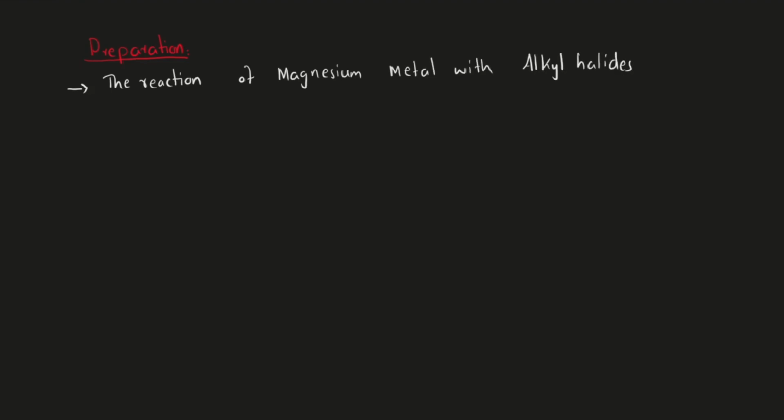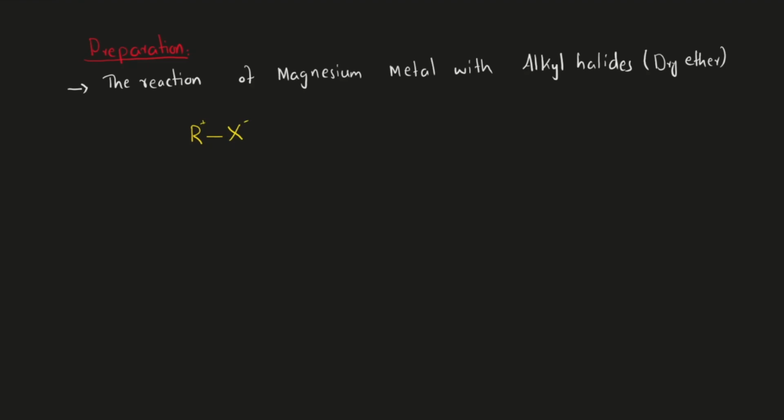Let's see the preparation of Grignard reagent. In the first step, magnesium metal reacts with alkyl halide in the presence of dry ether. Let's see the general reaction for the preparation of Grignard reagent.